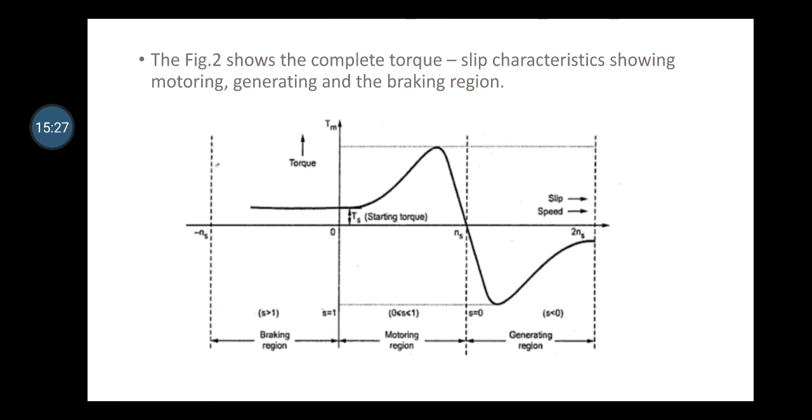In the motoring region, the slip is less than 1. In this region, the induction machine is operating as a motor, in a stable region. In the generating region, the slip should be negative, and in this the induction machine is operating in the generating region. These are the different slips in which it operates in different regions.